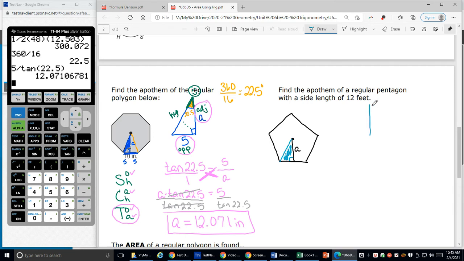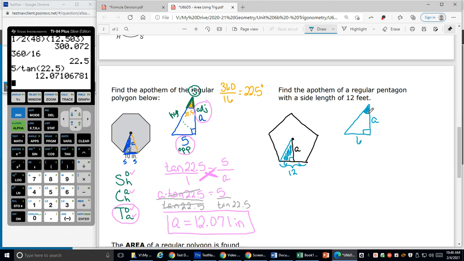I need to find this angle, and I need to see if I know this side. I know I have a side length of 12, so all the way across here is 12, which means halfway across is going to be 6.